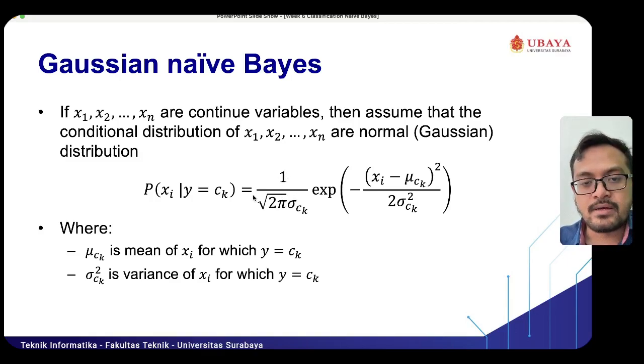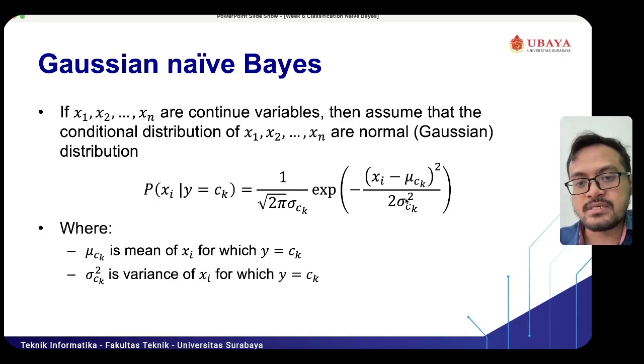1 divided by square root of 2π sigma ck. Sigma is the standard deviation, and exponential, minus xi minus mu ck. Mu means the average or mean value for specific labels, or for specific features, squared, divided by 2 multiplied by sigma squared ck.